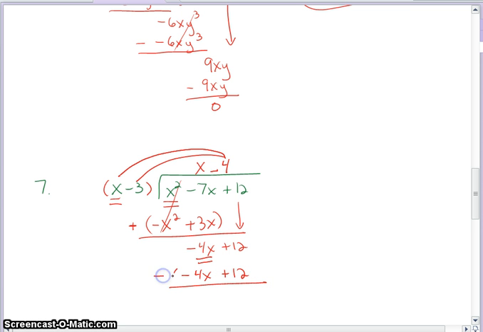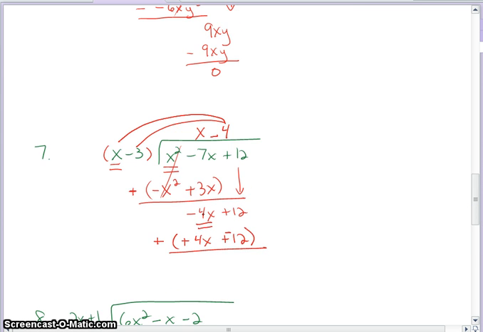So now when I subtract a negative, that becomes a plus, and I subtract a positive here, makes that a negative. So then negative 4x plus 4x, gone. Positive 12 plus a negative 12, gone. So the remainder is 0. So my answer when I divide is just x minus 4.